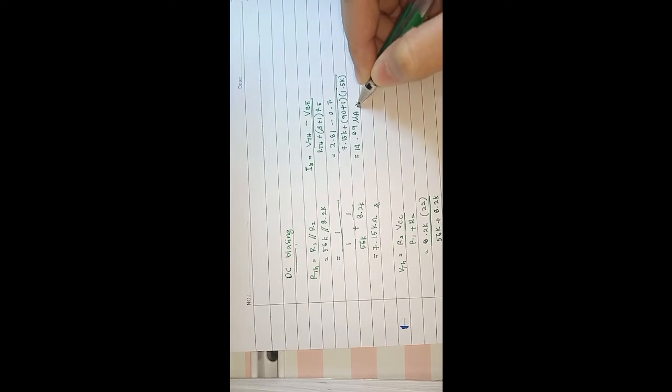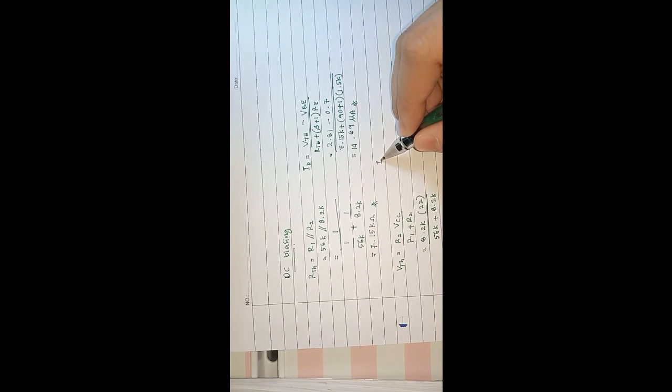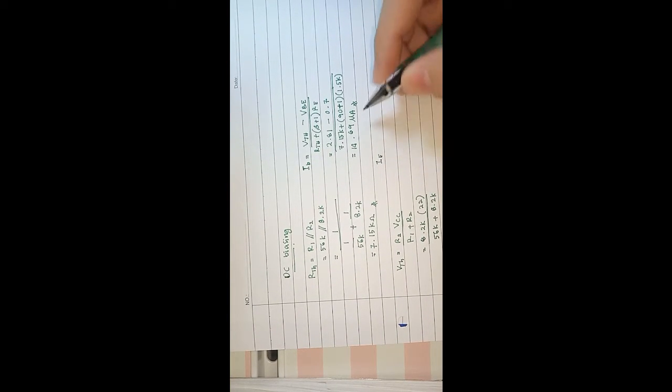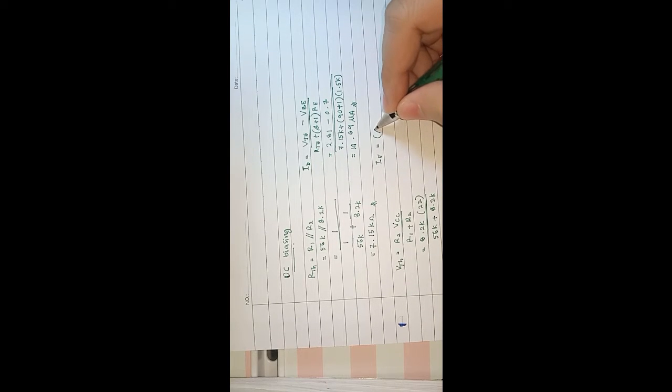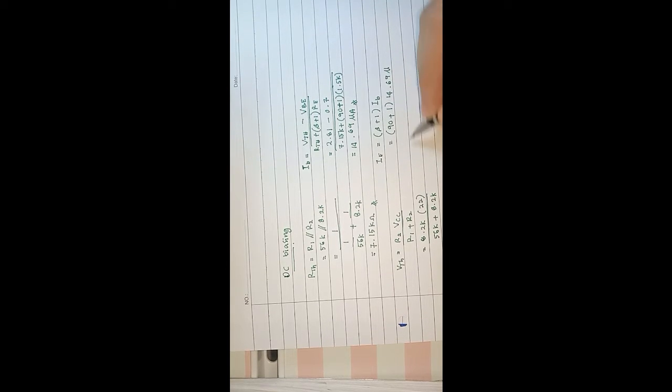microampere. And when we get IB, we can find IE. So IE equals beta plus 1 times IB. Beta is 90, 90 plus 1, and IB is 14.69 micro. So we will get the answer is 1.34 milliamp.